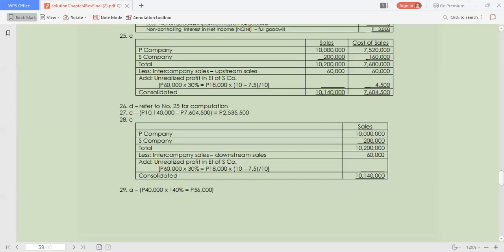So this time, Lom is the buyer and Dresser is the seller. Lom resold 80% of the inventory to unaffiliated companies, meaning 20% of the inventory is still on hand. The amount of sales made to unaffiliated companies was 140,000. Dresser produced the inventory sold to Lom for 75,000.